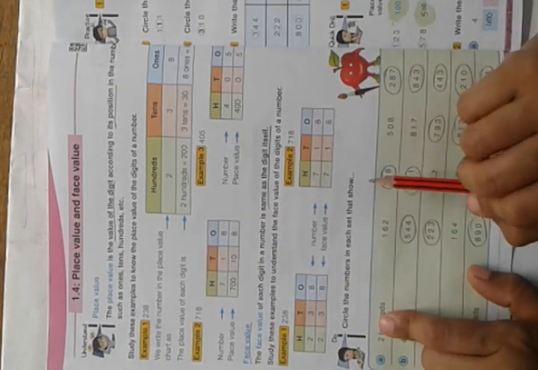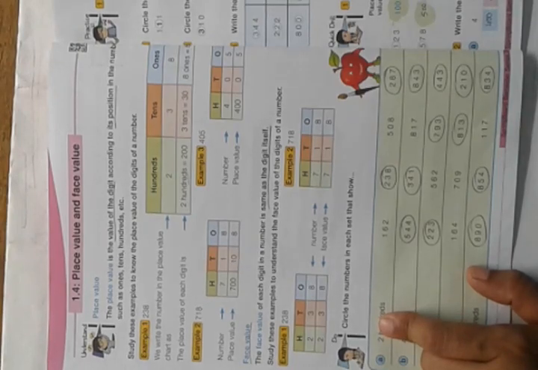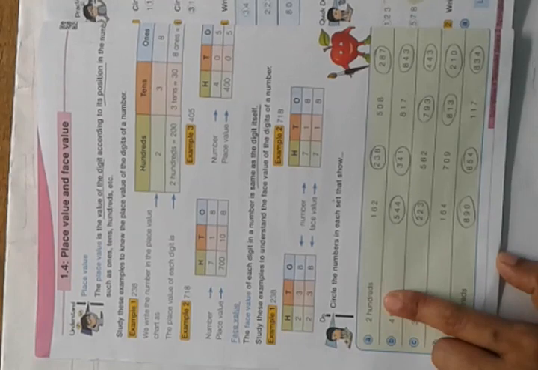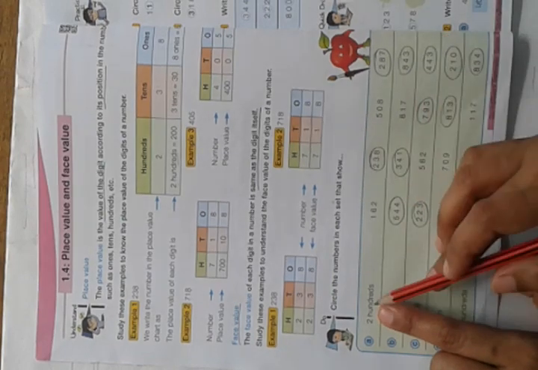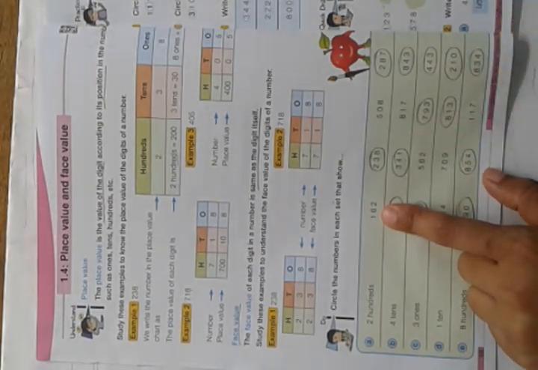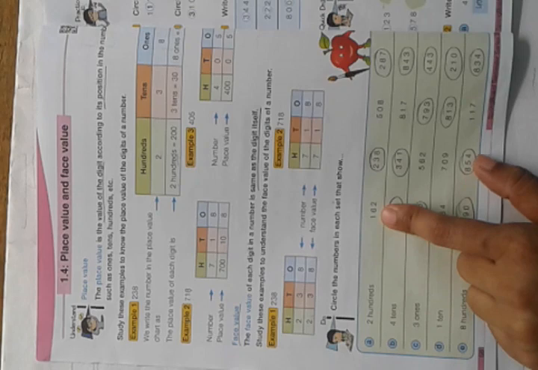Circle the numbers in each set that show 200s. They have given some numbers here. So among these 4 numbers, which numbers contain 200s, for those numbers we have to circle.